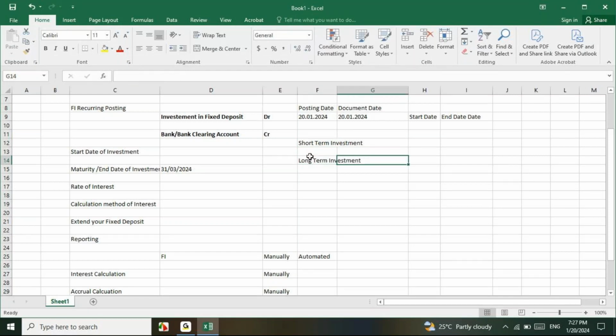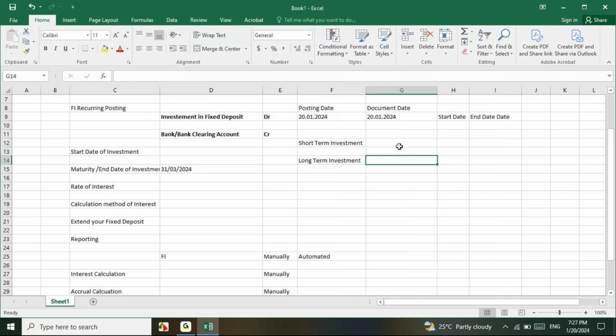Okay. What is short-term investment? They have created two different GLs, like one GL which represents any investment within 12 months they will consider as a short-term investment, or any investment if they do it for more than 1 year, that would be considered a long-term investment.